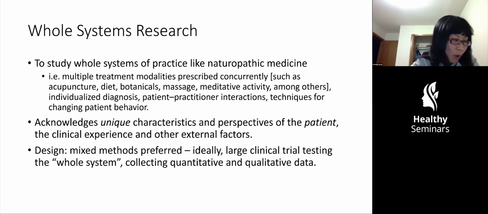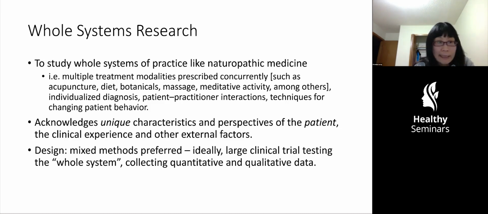So this could be quality of life, it could be functionality, it could be fatigue, it could be social functioning, it could be vitality. So there's different layers to the outcome measures that we can collect.